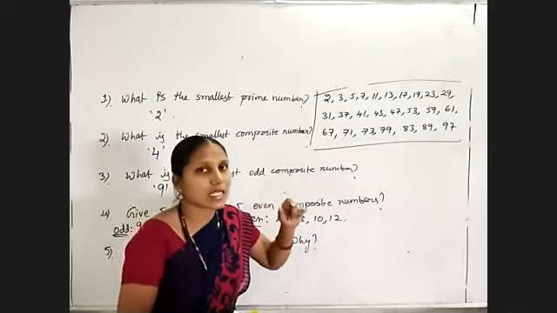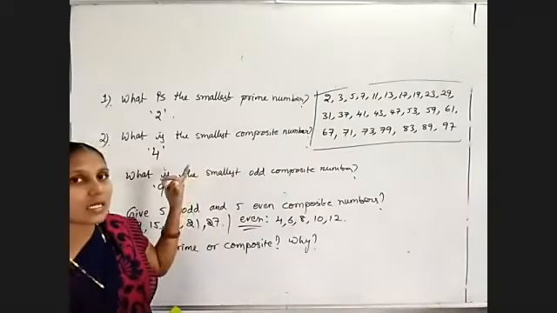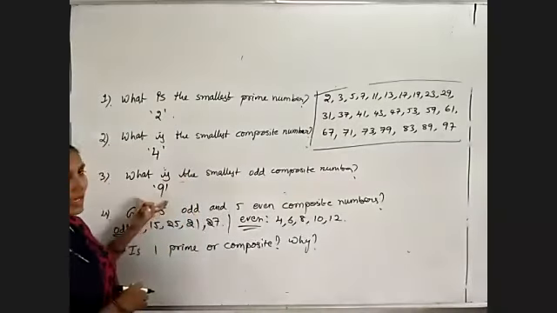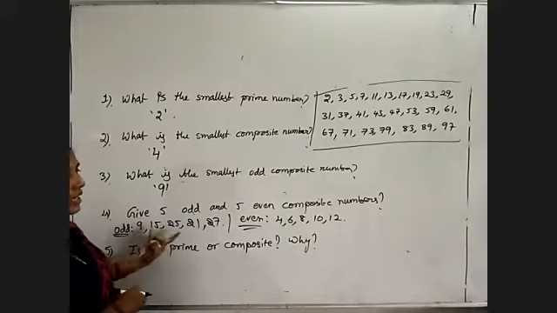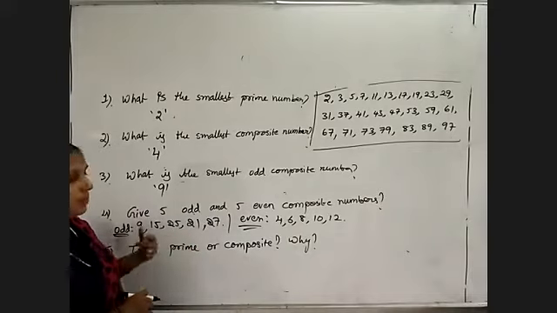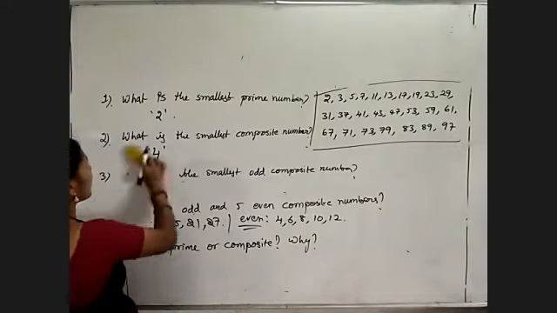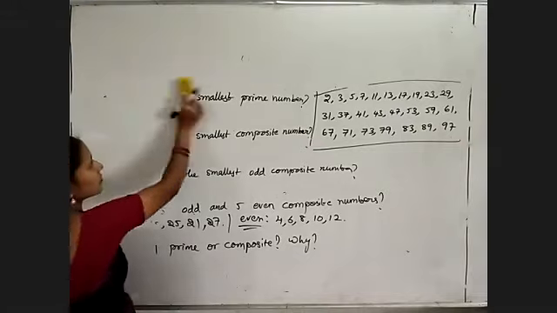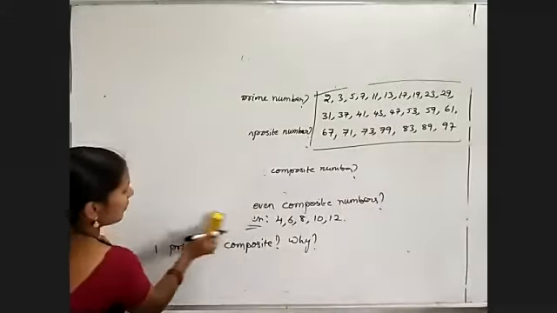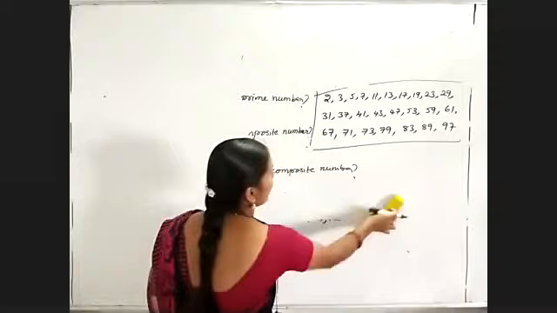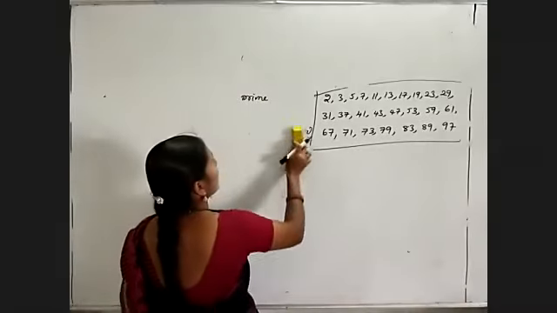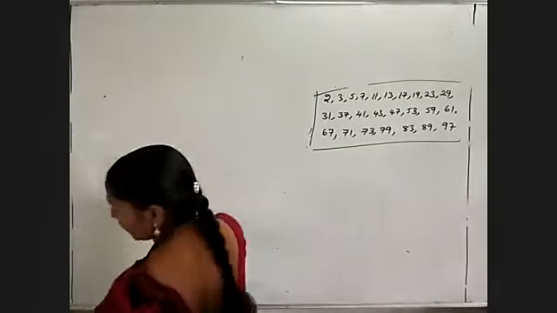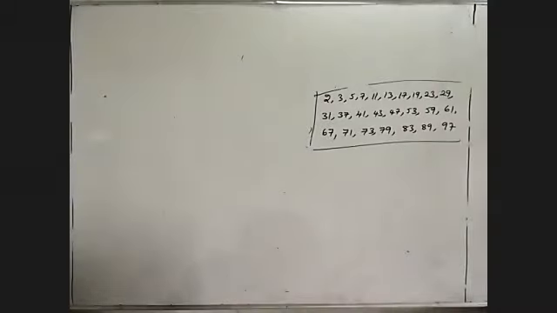What is the smallest composite number? 4. What is the smallest odd composite number? 9. Write 5 even and 5 odd composite numbers. Very simple. Composite numbers are nothing but those which are not prime numbers. So this is about different questions depending on prime numbers and composite numbers. Now coming to one more type of questions depending on co-primes, relative primes.